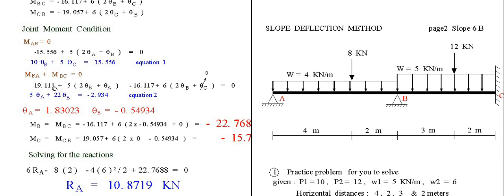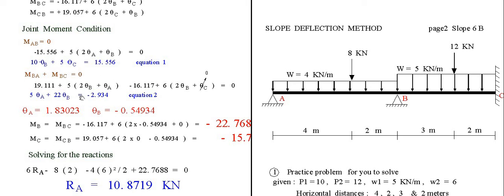Adding this, it is 2.934 positive here on the left of equality. Transfer that to the right of the equation. It becomes negative. The result here is positive, but if you transfer to the right, it becomes negative. So we have equation 2.